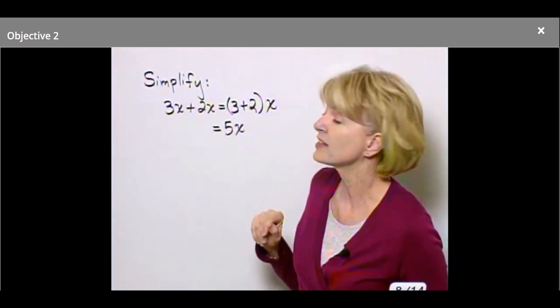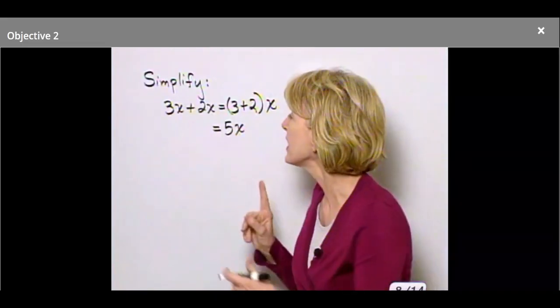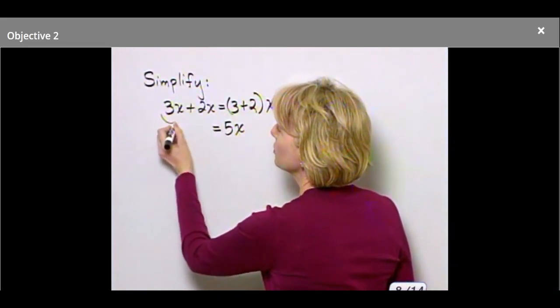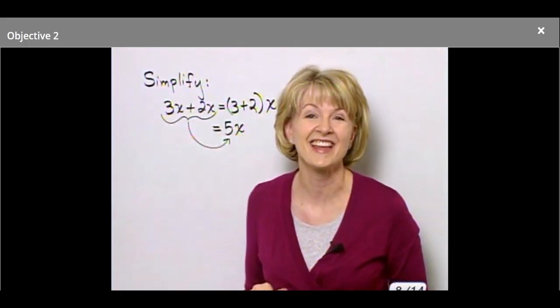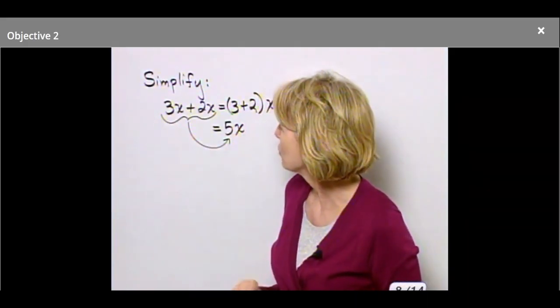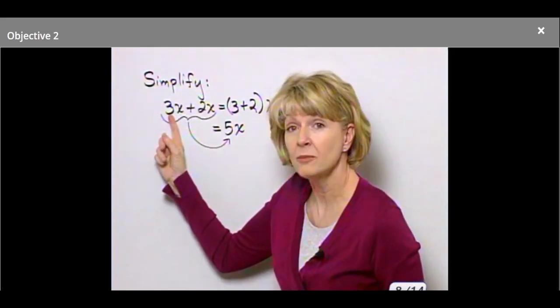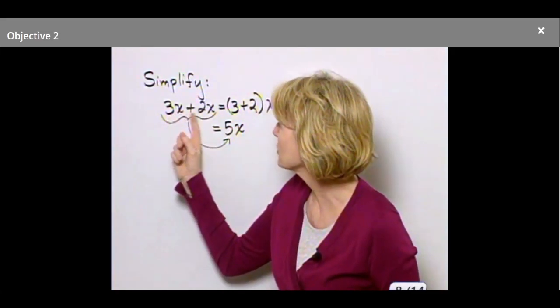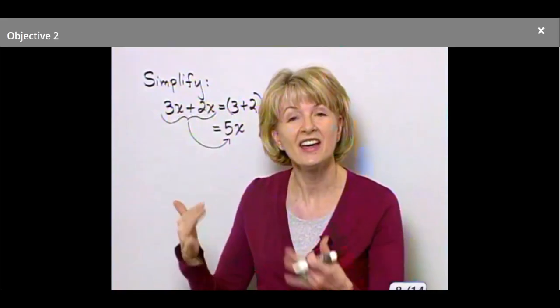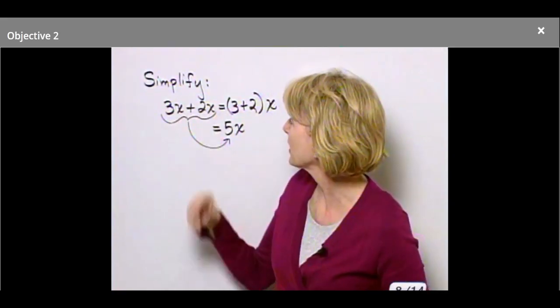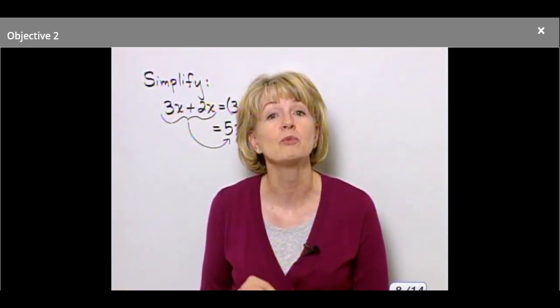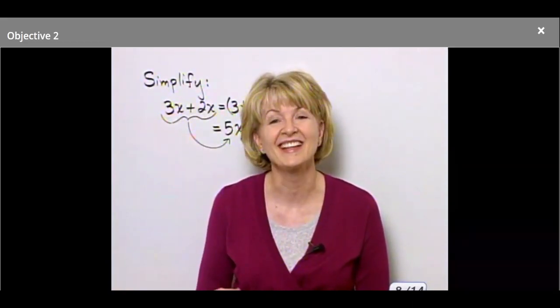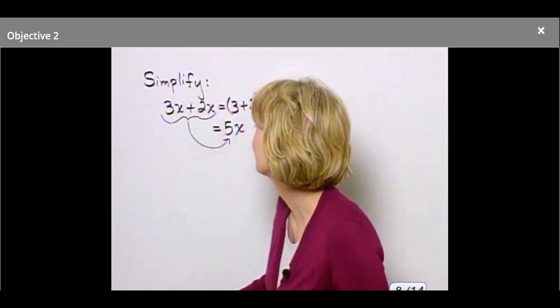We, of course, used the distributive property, but can you see a way of going from here to here without taking that intermediate step? Well, notice the sum of the numerical coefficients, 3 and 2, is 5, and then it is multiplied by that common variable, x. So keep that in mind, and we will practice combining like terms.